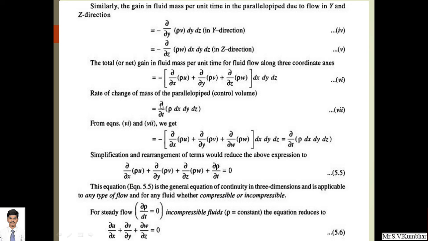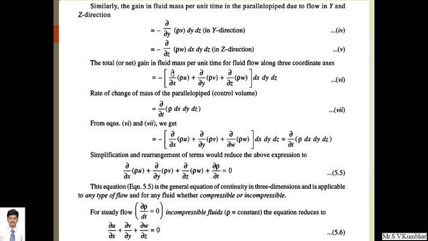So dou m upon dou t, mass is replaced by density into volume, and the volume of the parallelepiped is dx into dy into dz. So replace that term, and here the gain of fluid mass per unit time takes place. That's why we have to equate these two equations, because this is the rate of change of mass of the parallelepiped and this is also the net gain of mass per unit time.